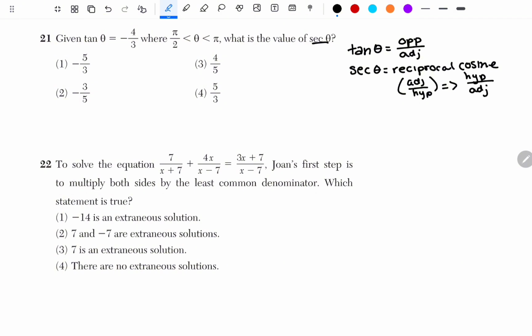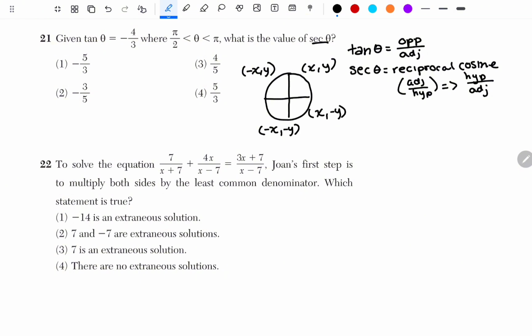Well, we know that if we have our unit circle, because this is important to know which number, the 4 or the 3, is going to get the negative sign, here is x, y, here is negative x, y, here is negative x, negative y, here is x, negative y.